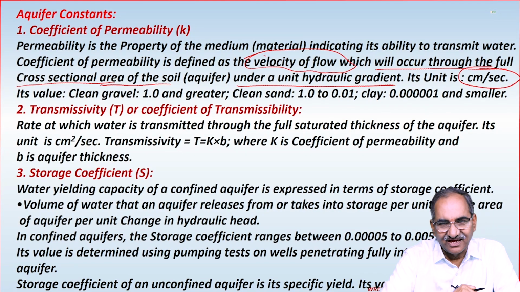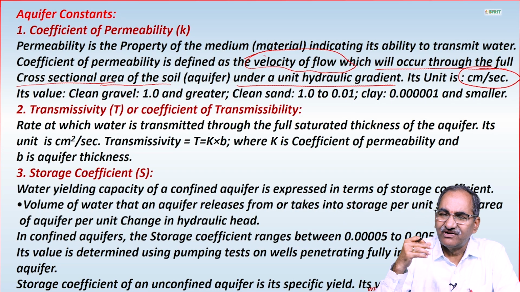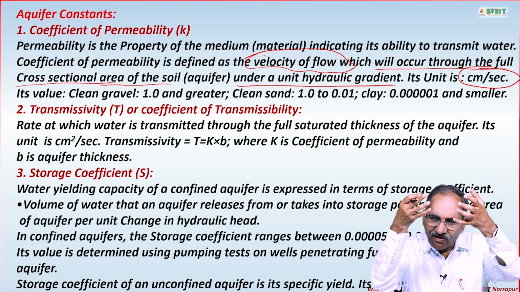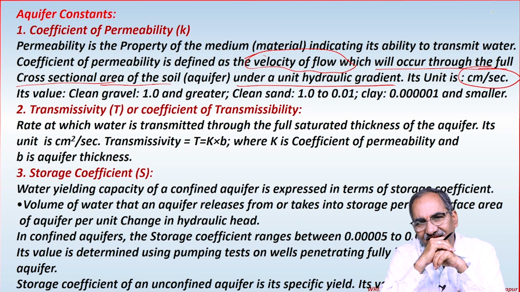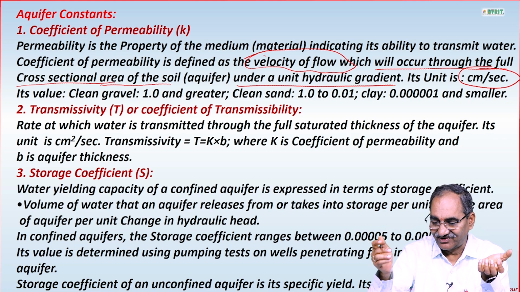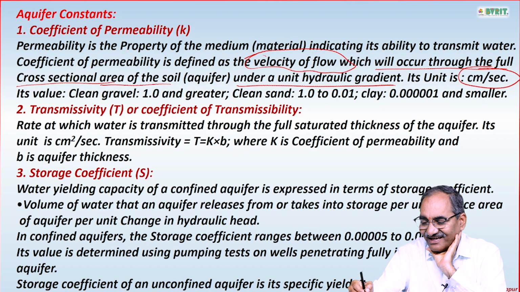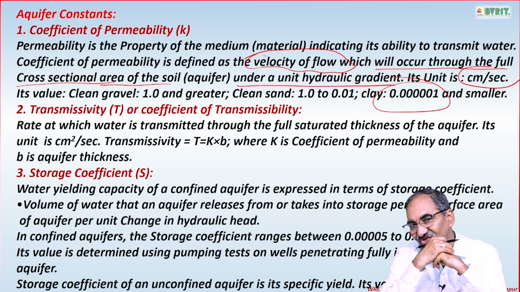For example, take clean gravel. It is 1. What do you mean by 1? The entire water it can transmit. If you take clean sand, it may vary from 0.01 to 1. Clay, if you take it, its transmission is almost negligible, 0.501.